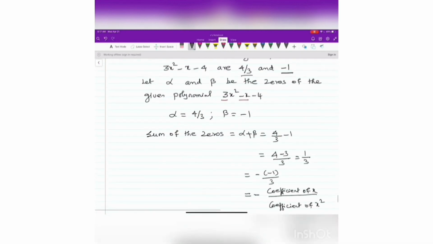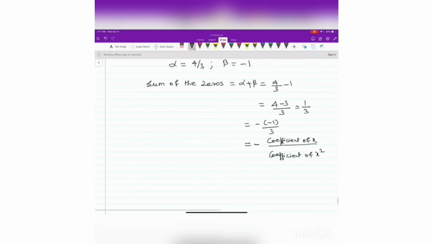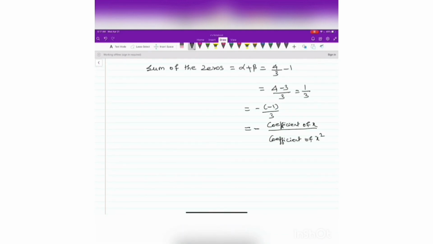So we have verified the first relation, that is the sum of the zeros is equal to alpha plus beta is equal to minus coefficient of x by coefficient of x square, which is nothing but minus b by a.